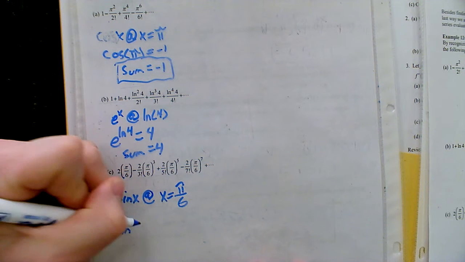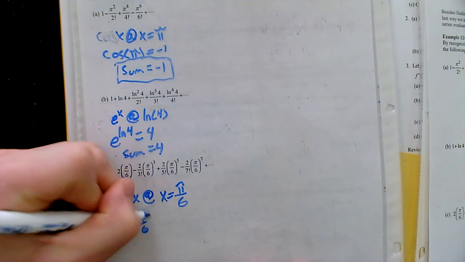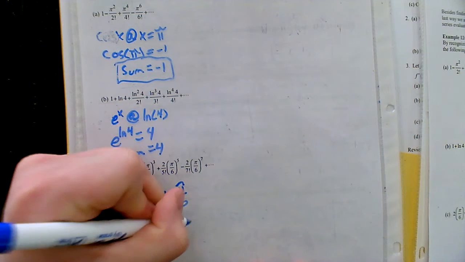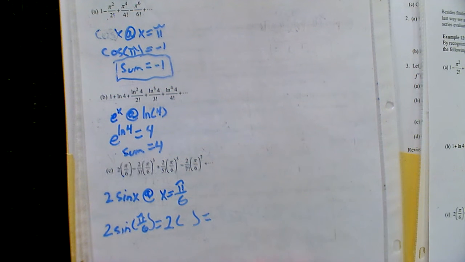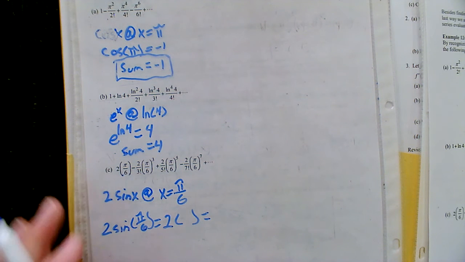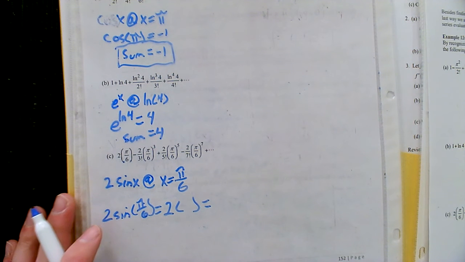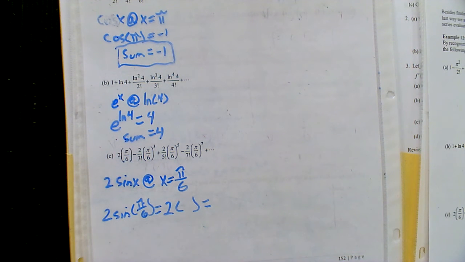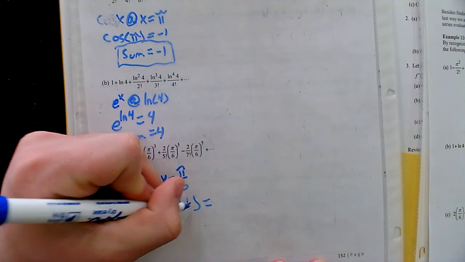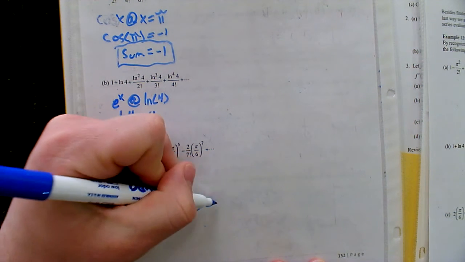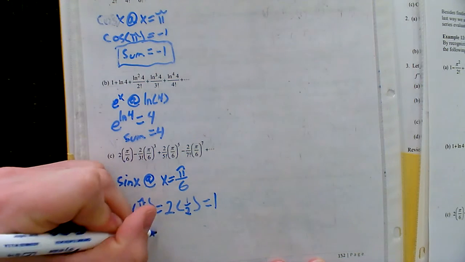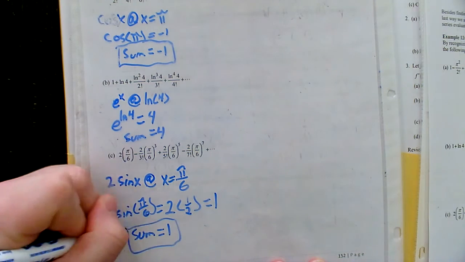So 2 sine pi over 6, 2 times what? What is sine of pi over 6? Think about your unit circle. No, not quite. 1/2. Yep. So 2 times 1/2 is 1. So the sum equals 1.